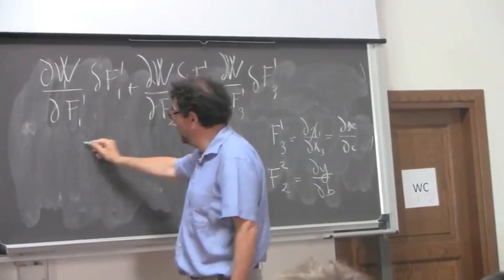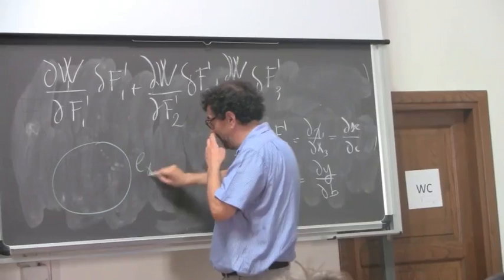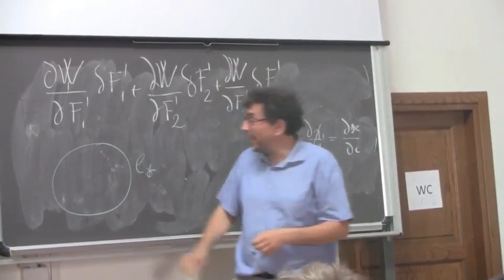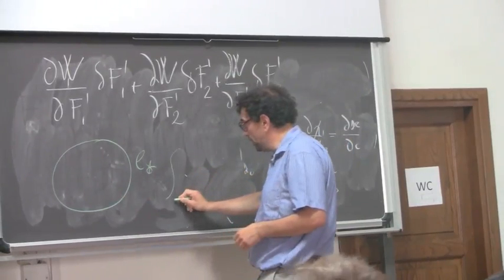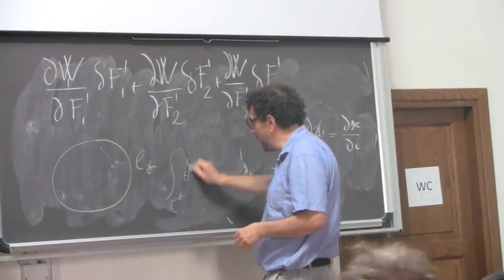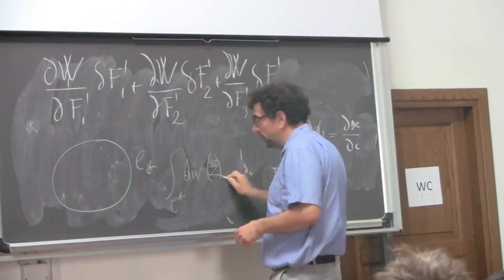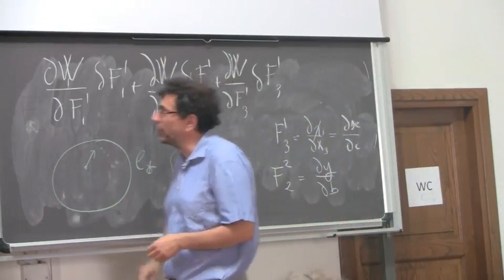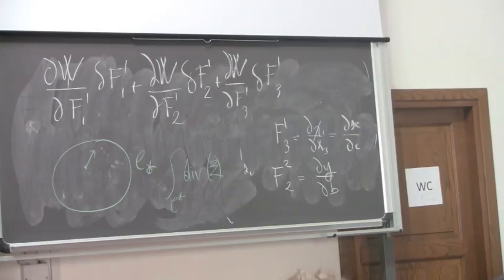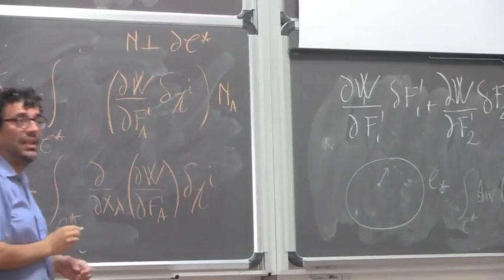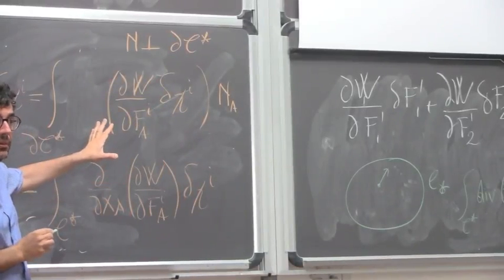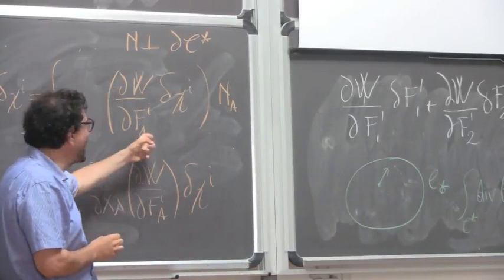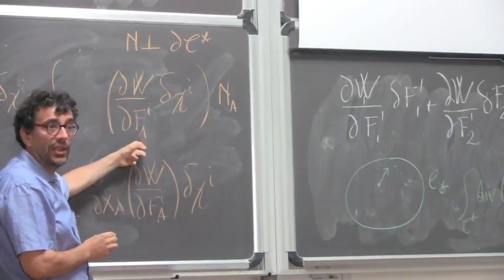If I have a system and I have the integral on the system of the divergence of something. Okay? So you have here a vector. Which vector do I have? dW over dF delta Qi. There is a sum, so this is a vector. You have only one free index. Okay?